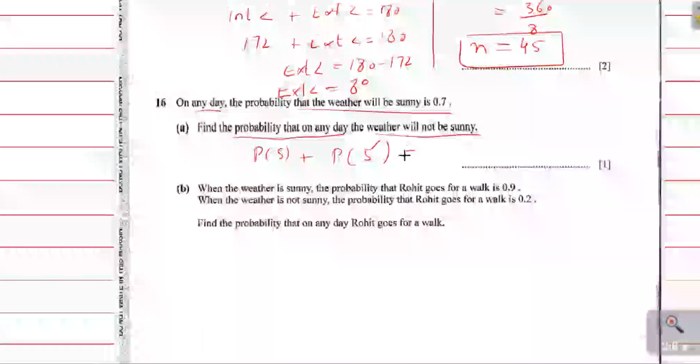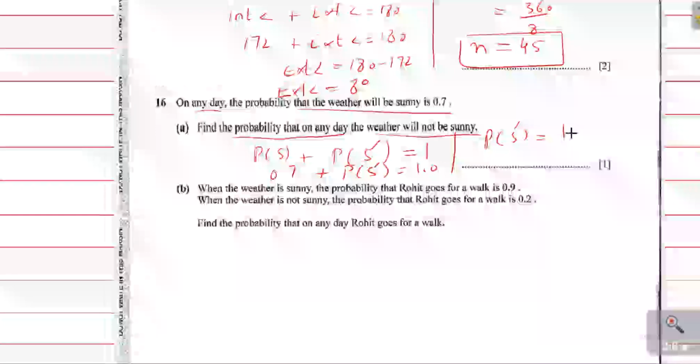Therefore, the sum of these probabilities will be equal to 1. Therefore, we can write 0.7 plus P of S dash will be equal to 1.0, and therefore P of S dash will be equal to 1 minus 0.7. This will be equal to 0.3.